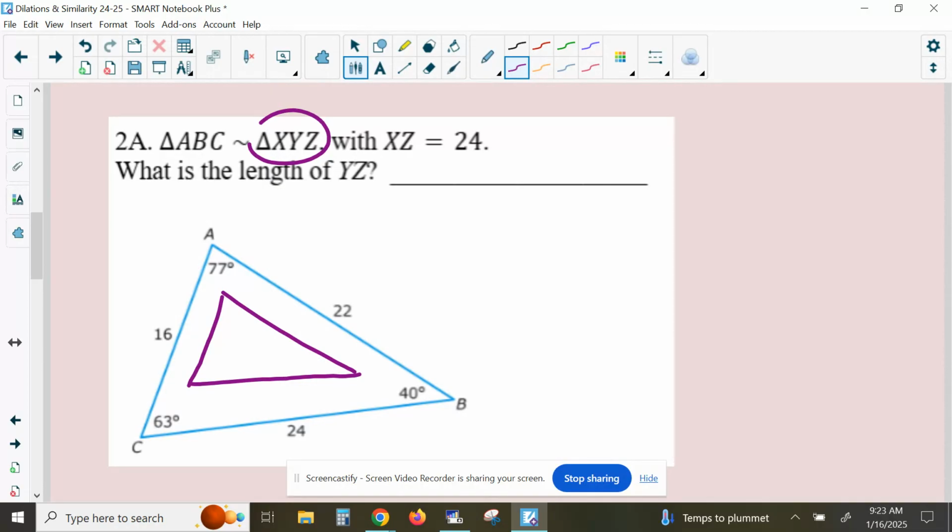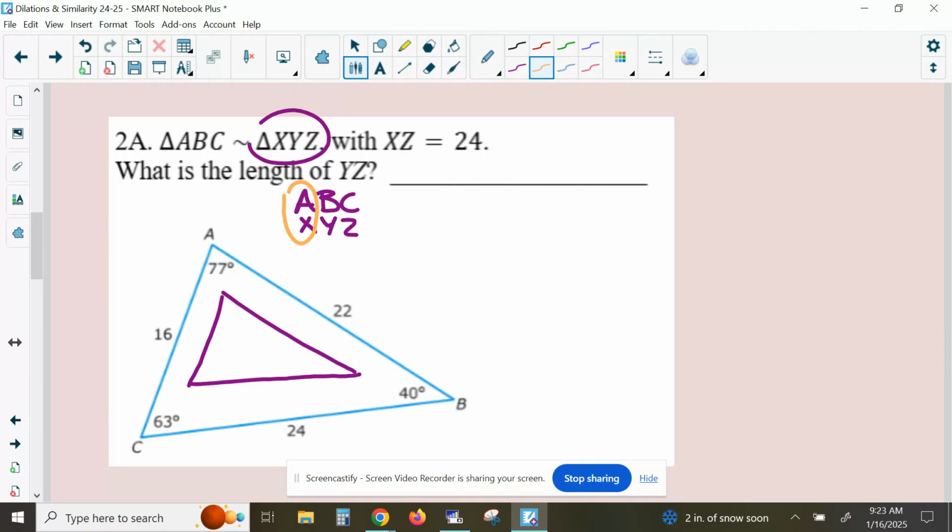Okay, so if we have this, remember, stack these up on top of each other, A, B, C, over top of X, Y, Z. Stack those up on top of each other, and then label them so they match. So that means that A matches what? X. So wherever your A was, where's the A for our triangle?